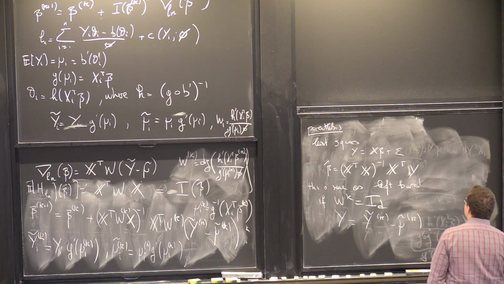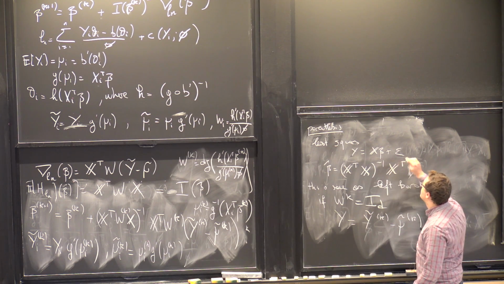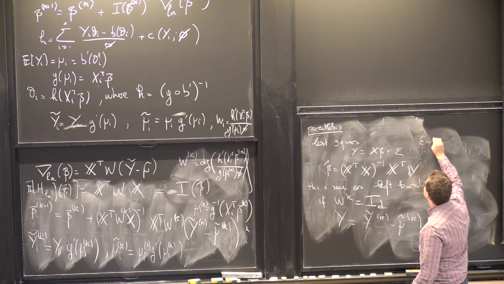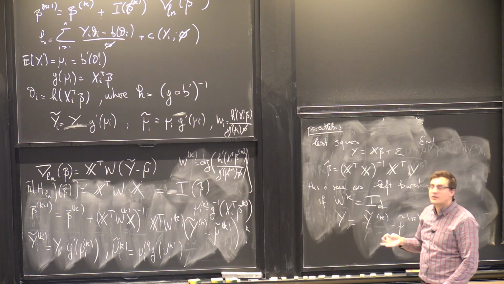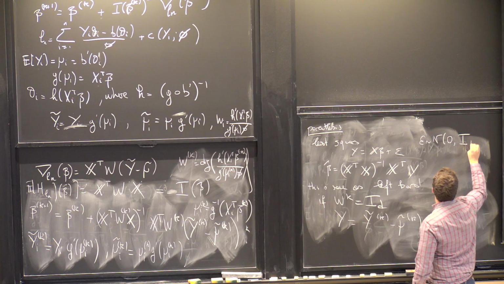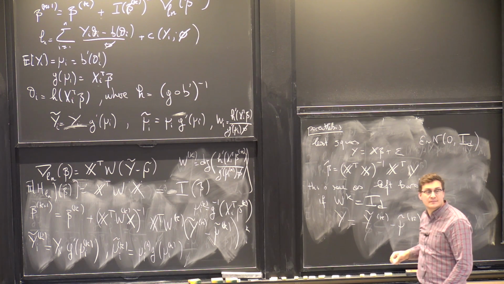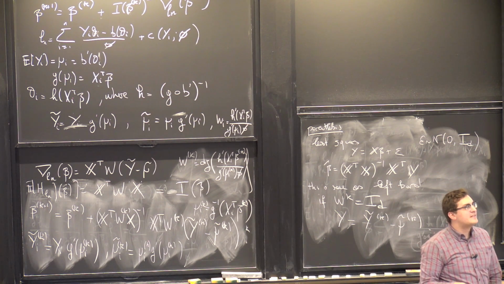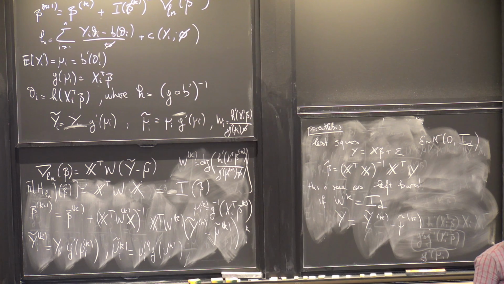One of the things that's very specific to what we did here with least squares, when we did the inference, we assumed that epsilon was normal with mean 0 and the covariance matrix was the identity, right? What if the covariance matrix is not the identity? Then your maximum likelihood is not exactly this least squares.